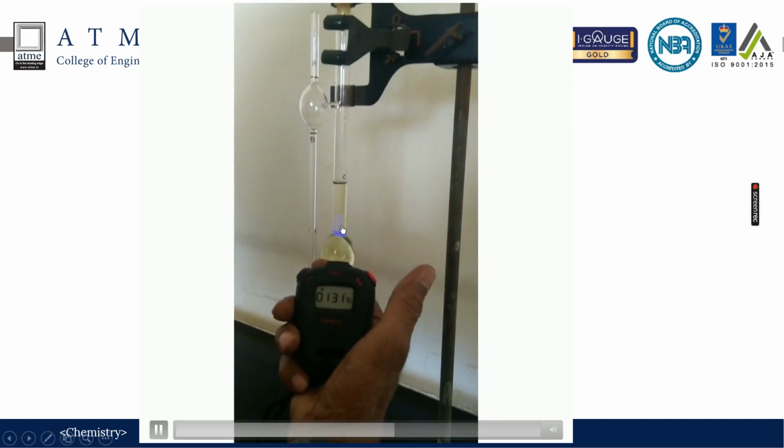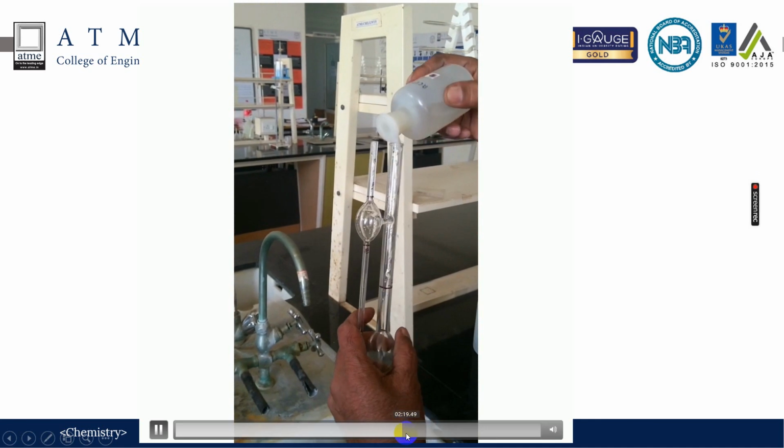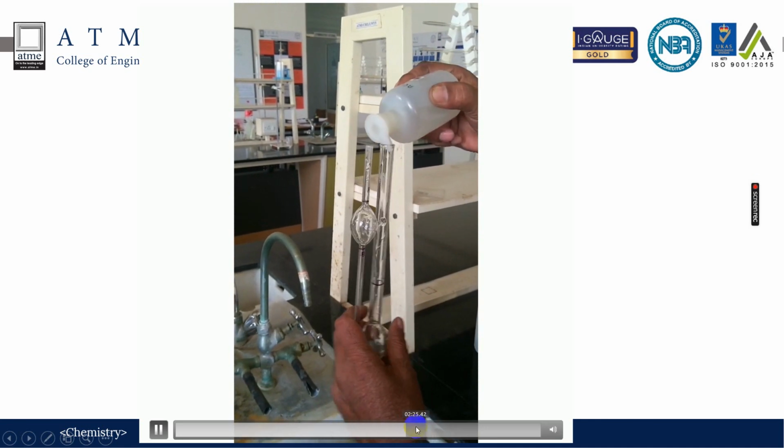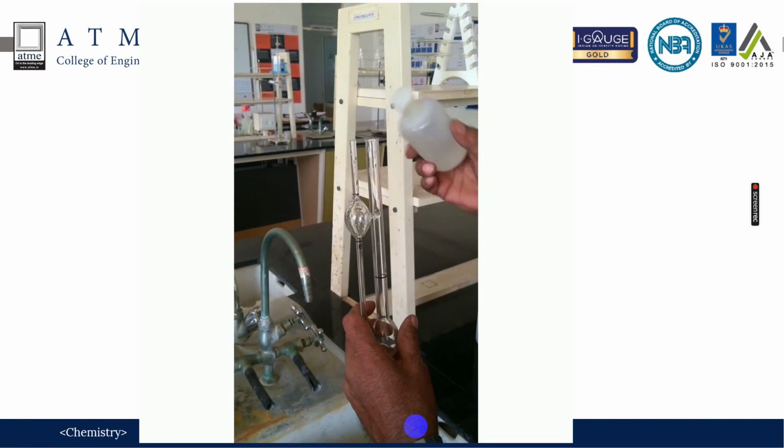So now you can see the time taken for the liquid to flow from A to B is around 80 seconds. Convert it into seconds and note down.